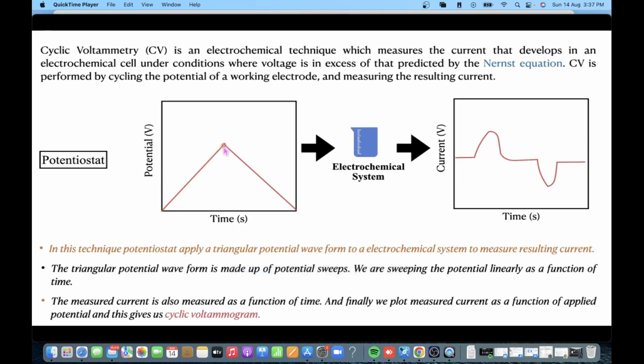And this sweeping happens in a linear form. We sweep the potential linearly as a function of time, and the current is also measured as a function of time at first, but finally we plot the measured current as a function of applied voltage, and thus we get a cyclic voltammogram.